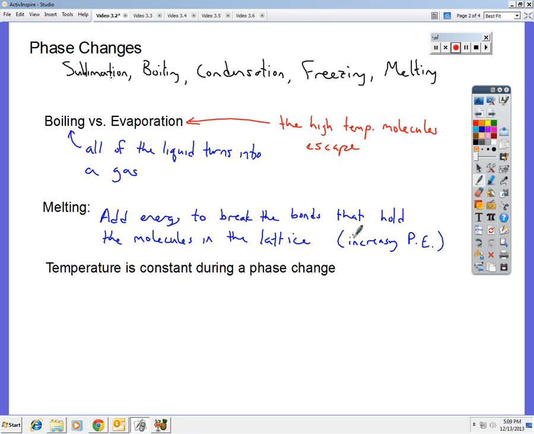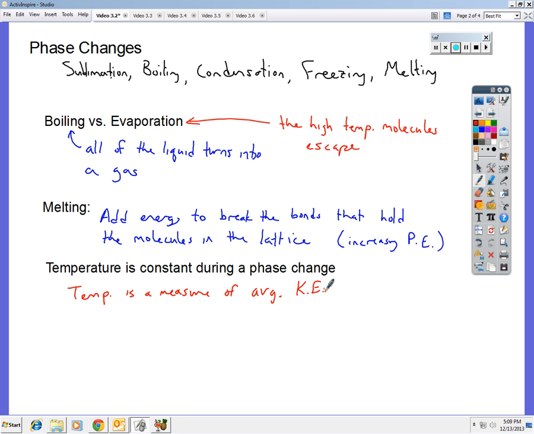And the thing that happens here is that temperature is constant during a phase change. So while something melts or boils or condenses or freezes or sublimates, the temperature of that substance does not change. That's because temperature is a measure of the average kinetic energy.